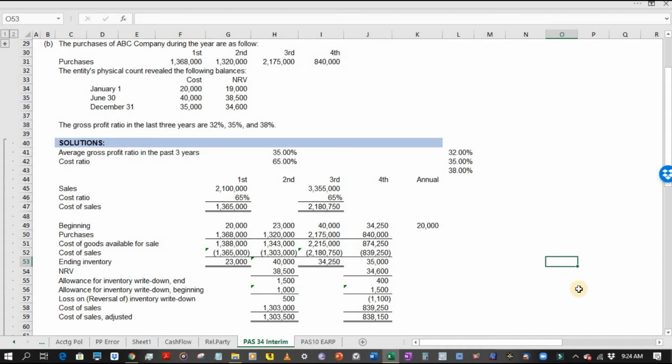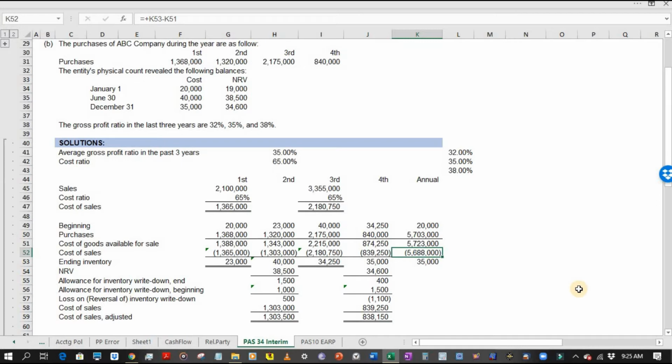Then the purchases for the year is 5,703,000 pesos. So our cost of goods available for sale for the year is 5,723,000 pesos. Then to compute for the cost of sales, our ending inventory at cost is 35,000 pesos. So the difference between the cost of goods available for sale and ending inventory is 5,688,000 pesos.